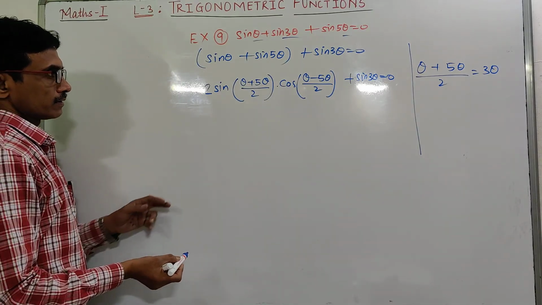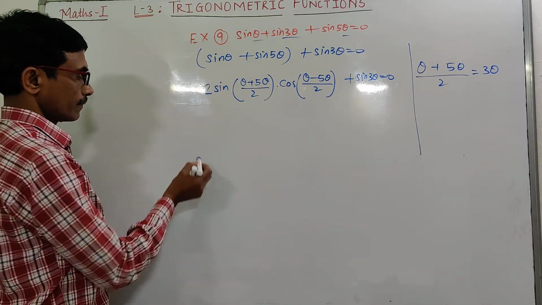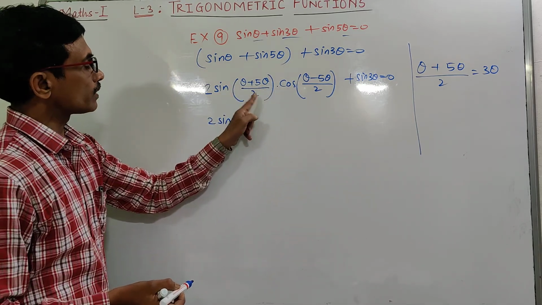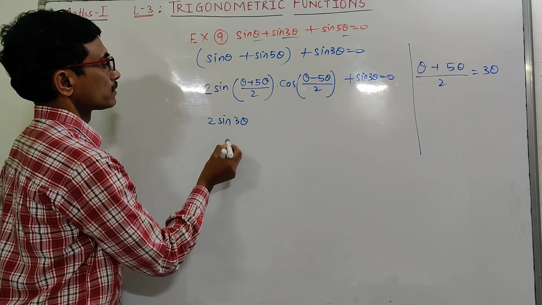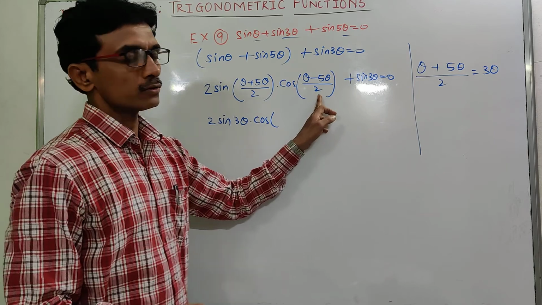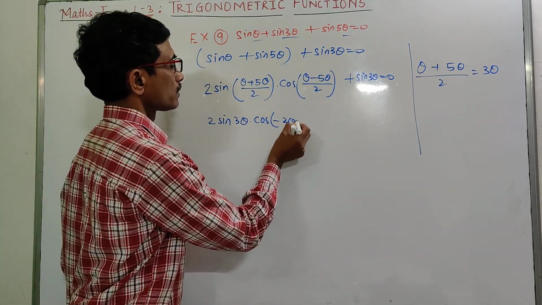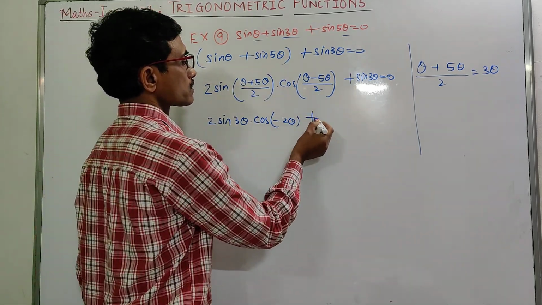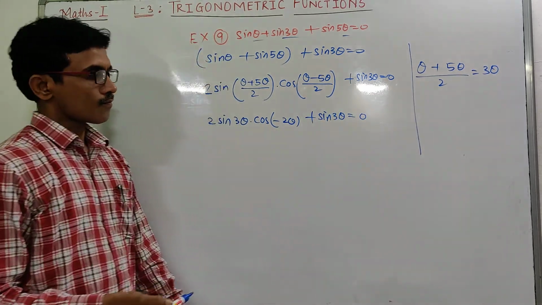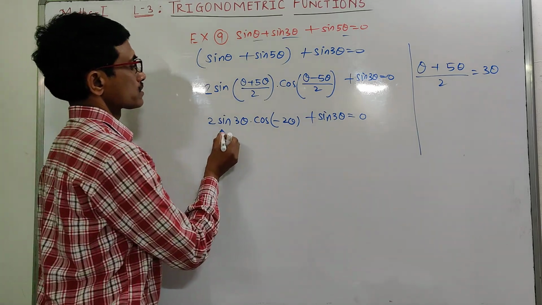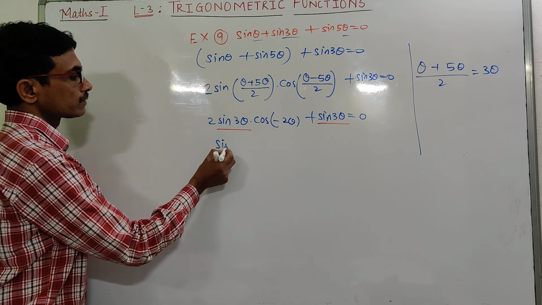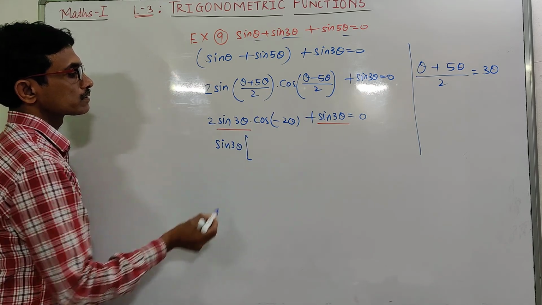Here this will be 2 sin of theta plus 5 theta, 6 theta divided by 2, 3 theta, into cos of minus 4 theta upon 2, minus 2 theta, plus sin 3 theta is equal to 0. We can take sin 3 theta common from these two terms.